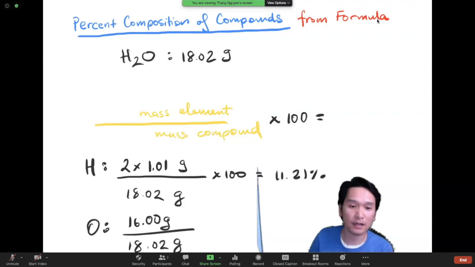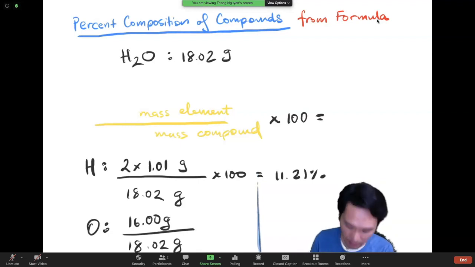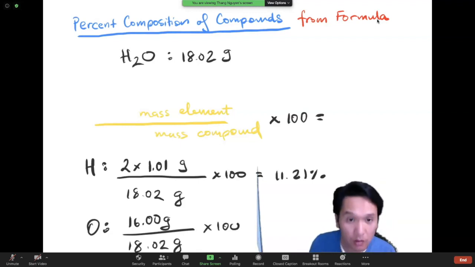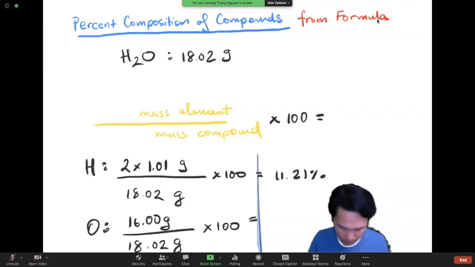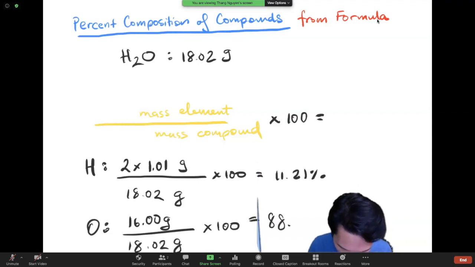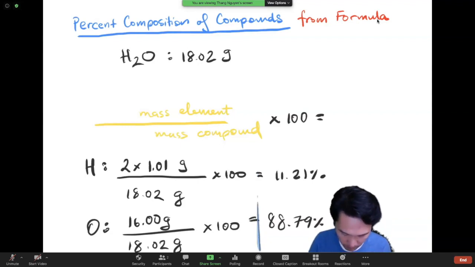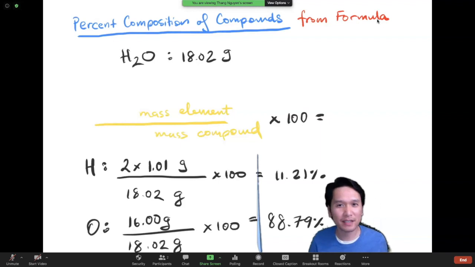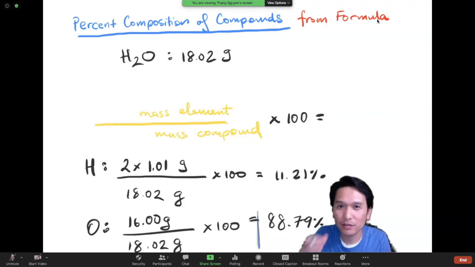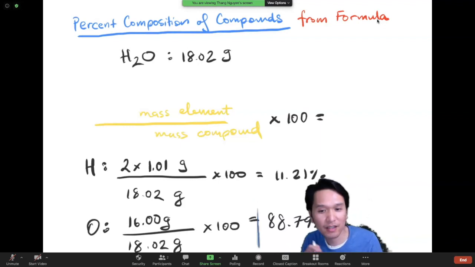The mass of the oxygen is 16.00 grams, and there's only one, divided by the total compound mass, 18.02 grams, multiplied by 100, is 88.79%. So now let's add that up to see what their total is, because I expect it to be around 100. Oh, perfect. It is exactly 100%.